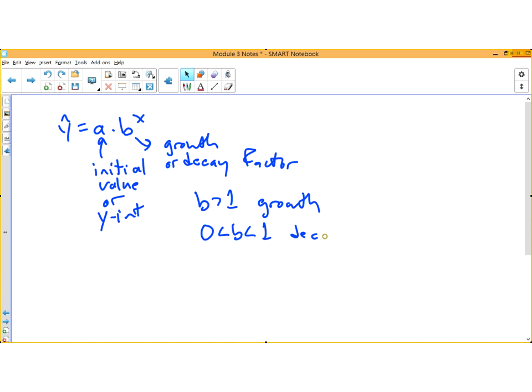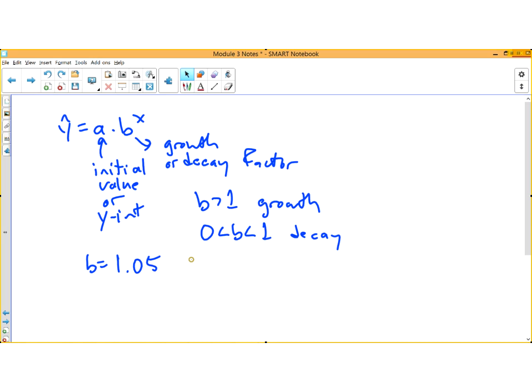And we only work with positive numbers here. If b is between 0 and 1, that's decay. And then the last thing I'll mention is that you can determine the percent growth or decay from that b, basically by the difference with 1.